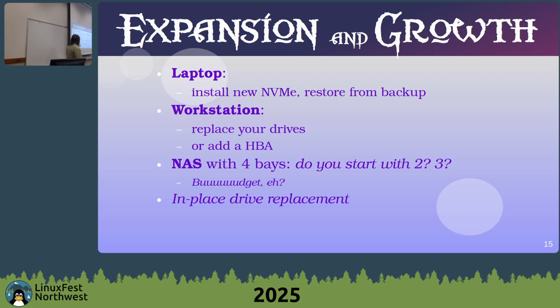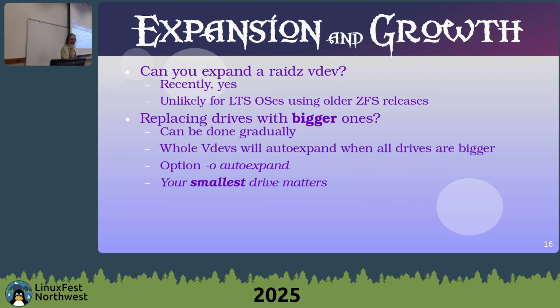If you're low on budget, you start with 2 drives, then expand. This is a choice you're going to have to make where you have limited budget, but you do have a bit of small NAS hardware. Expansion with in-drive replacement, like we were talking about earlier, is a very good tactic to keep in mind. We're going to come back to that. Next slide.